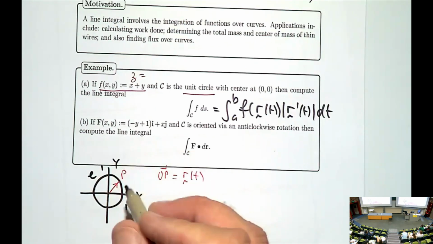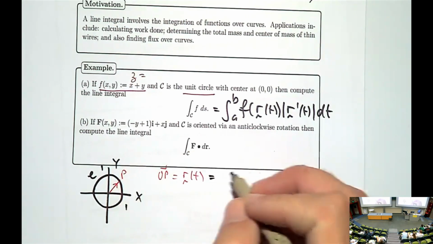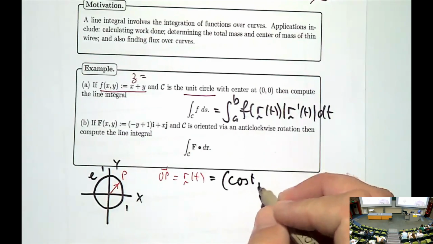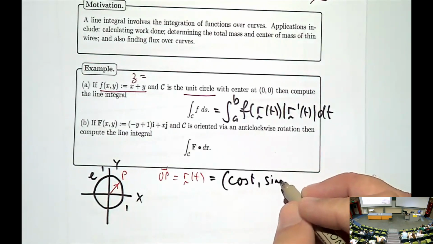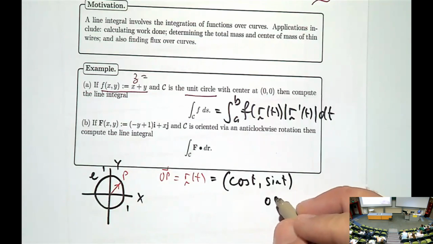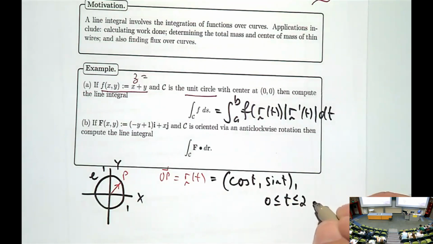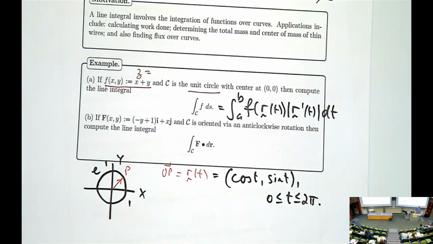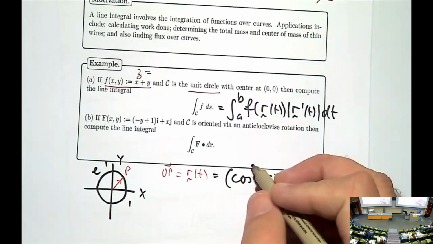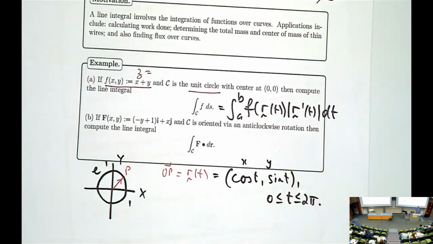Here is our curve, and let's describe our circle using x equals cosine t, y equals sine t. And I want to push out the whole circle so t can go between 0 and 2 pi. Okay, so we've got that. Let's use this mess and see what happens.